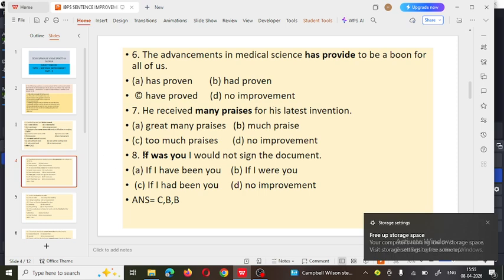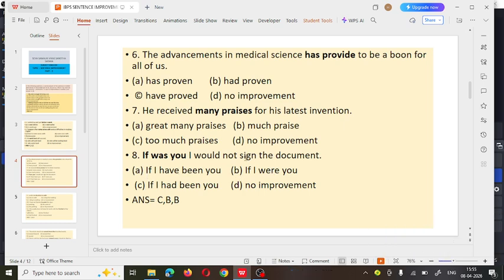Next, if was you, I would not sign the document. No, it doesn't have any meaning. If was you. So options are if I have been you, or if I were you, or if I had been you, and no improvement.